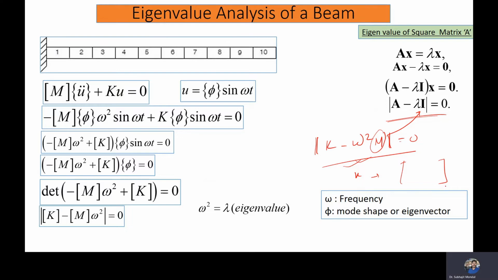If we have a beam of 20 degrees of freedom, your K matrix size will be 20 by 20. If you have a total of 100 degrees of freedom, we will have a stiffness matrix of size 100 by 100. In that case, solving this eigenvalue problem becomes too complex. We will not be able to do it by hand calculations, so we have to rely on computer solutions.